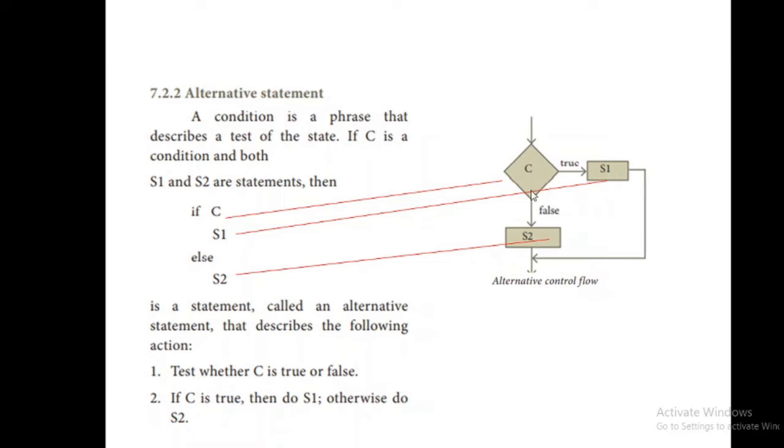If the condition is false, S2 will be executed. After execution of S1, control transfers towards the output, and in case of a false condition, S2 will be executed. After execution of S2, the control flows downward. This is the alternative statement.